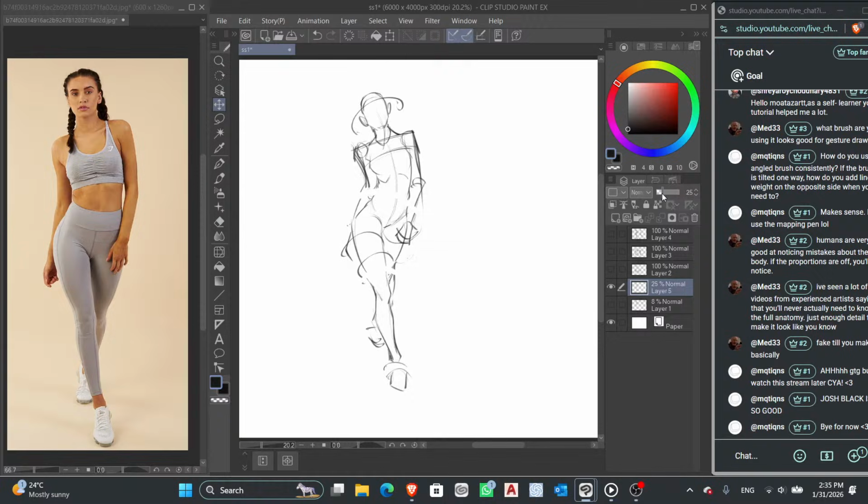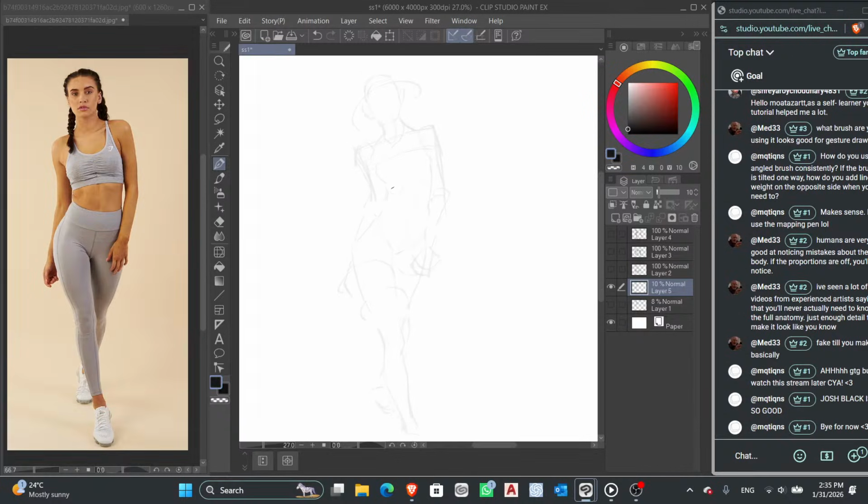From here, guys, you can start adding clothes, even drawing the clothes she has right now. Alright? I always drop the opacity and then go again and again and again so I can draw a better looking human figure. You don't need to go for everything I'm drawing, but you might need to adjust a couple of times.